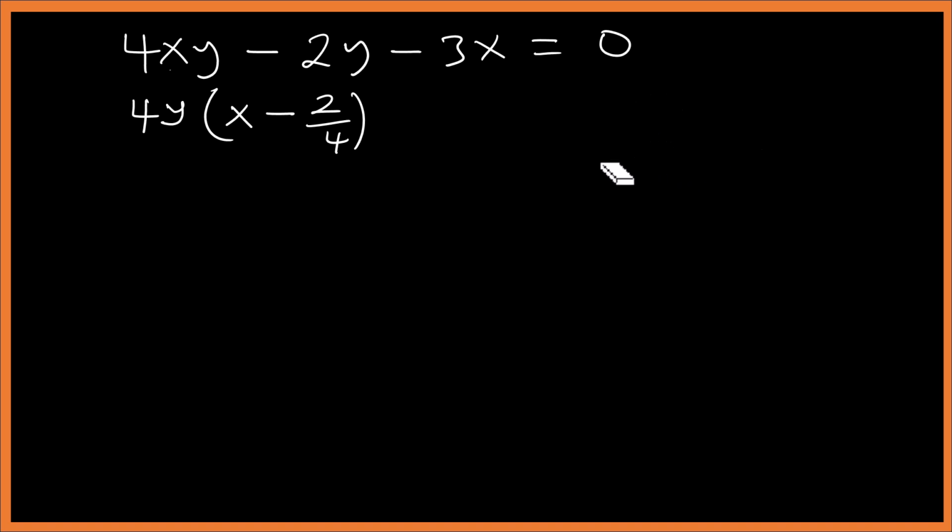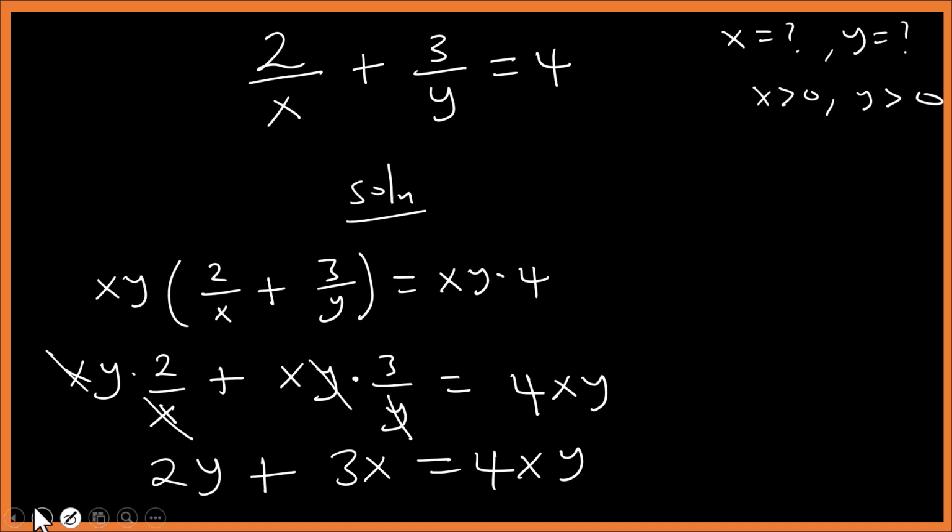Okay, now we are going to add something, or we are going to supply something to this so that we get the same factor here. Now let's observe this one more. We have 2 here, 3 here. So let's find the product of 2 and 3 and divide by 4 and put it over there.